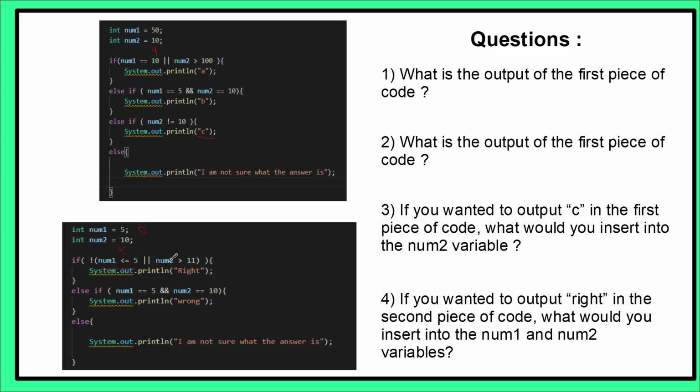And if we put anything in number 2 that's greater than 11, well, 10 is less than 11, so that would be false here. So you could keep number 2 the same, but as long as you increased number 1 by at least 1, you will have both of them as negative, and therefore within that NOT operator here, that means it would change both negative ones to a positive, and then that will allow us to output right.